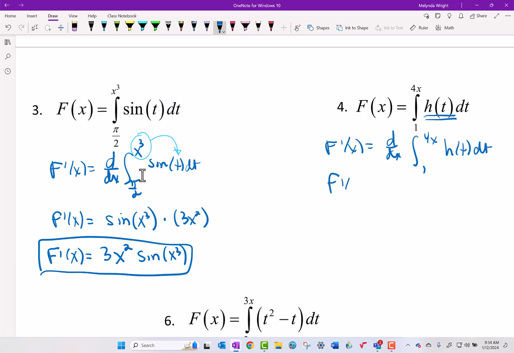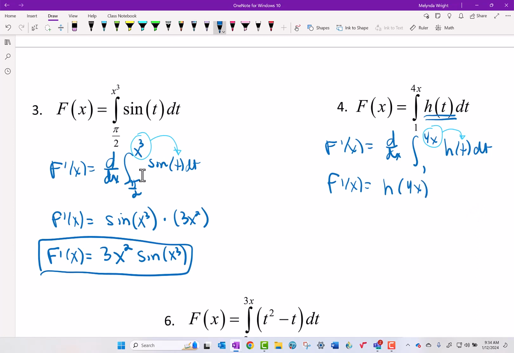So F prime of x is, so what do we do? We're going to do the same thing we've been doing. We're going to take this and slide it right in place of the t. So that would be h of 4x. Am I done?